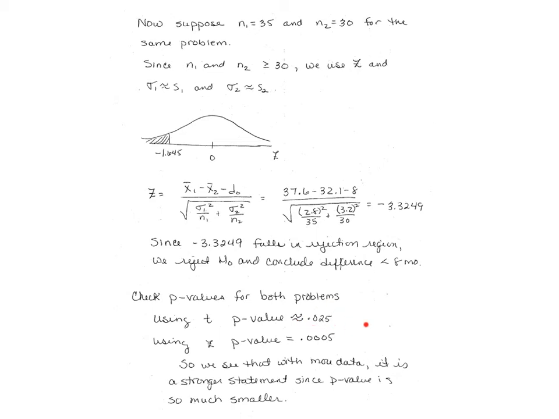Using the z, so using the t from the previous problem and the previous n's, we get a p-value of 0.025. Using this problem with the larger number of samples, using the z, we come up with a p-value of 0.0005. So we see that with more data, it is a much stronger statement since the p-value is so much smaller.